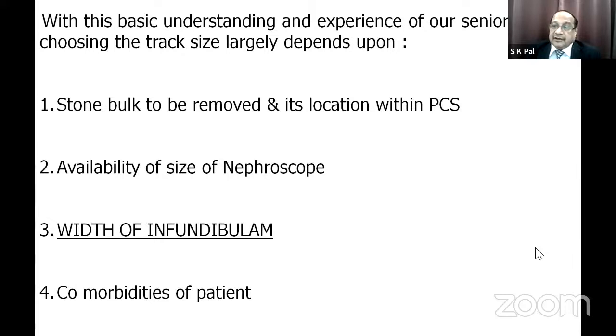What is the width of the infundibulum through which you are passing? Because you are going to make a tract in the calyx only and then you have to pass through the infundibulum. And what are the comorbidities? Whether a patient can tolerate more blood loss, particularly in children. So all these points you have to consider and then think what you are going to use.